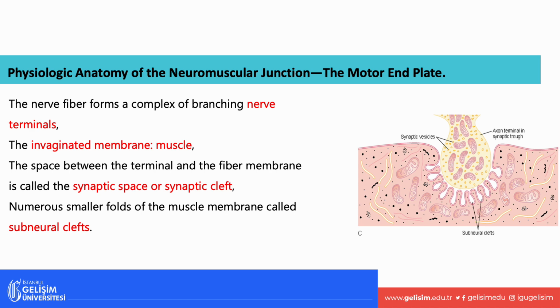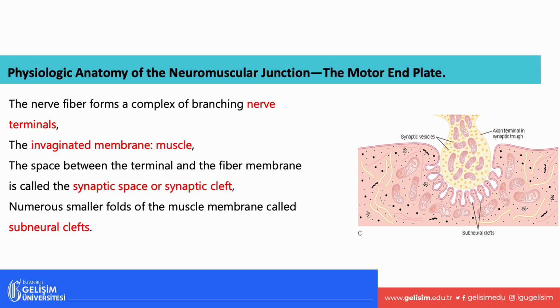The space between the nerve terminal and the muscle fiber membrane, this space over here, is what we call the synaptic space, or another term that they use for it is the synaptic cleft.